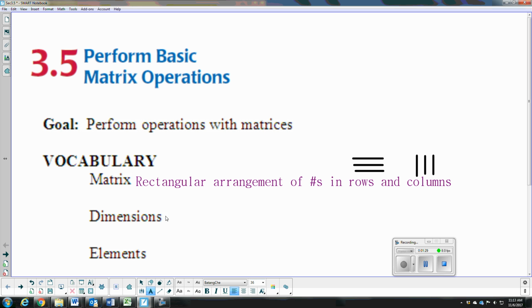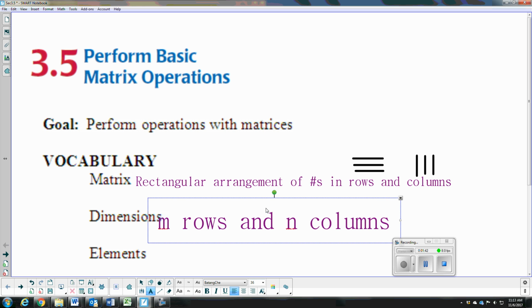The next term, dimensions. You'll see them in terms of M and N. So M rows and N columns. So you read this M by N. That's how it'll be printed.